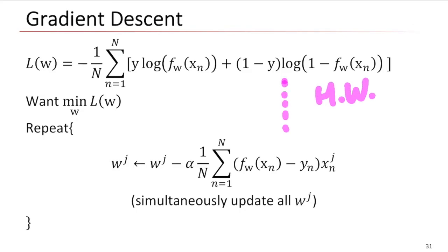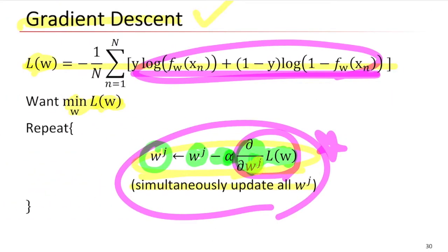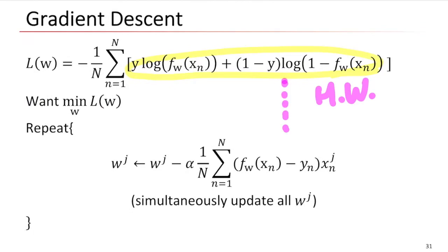You can do that yourself. Anyway, if we find the gradient of this equation with respect to w_j, it looks like this.